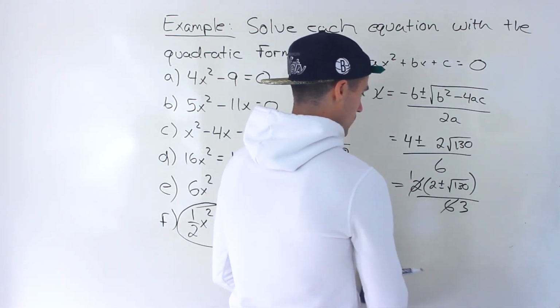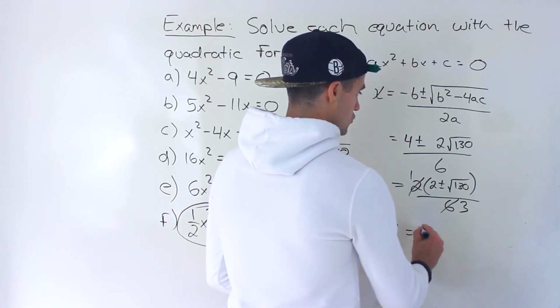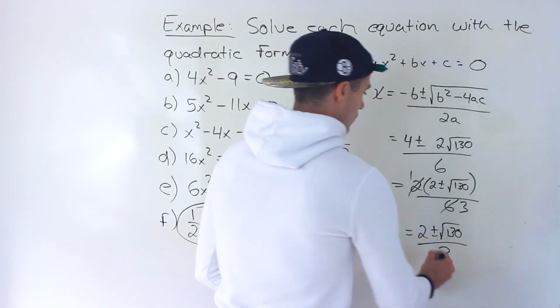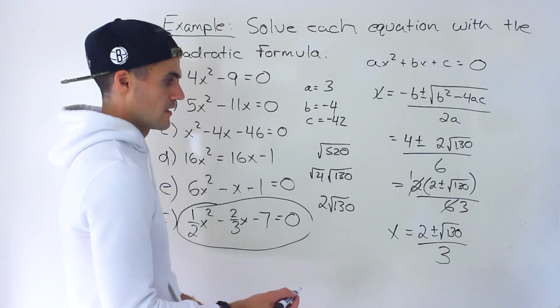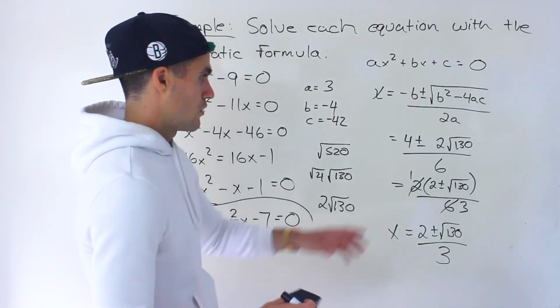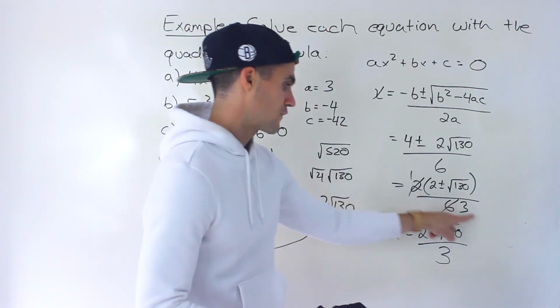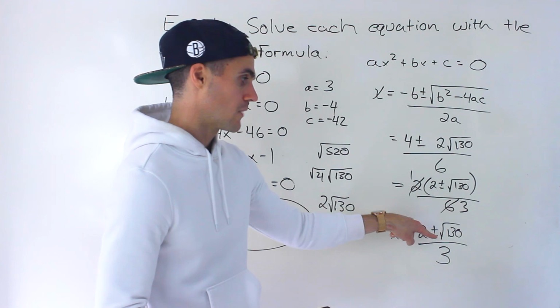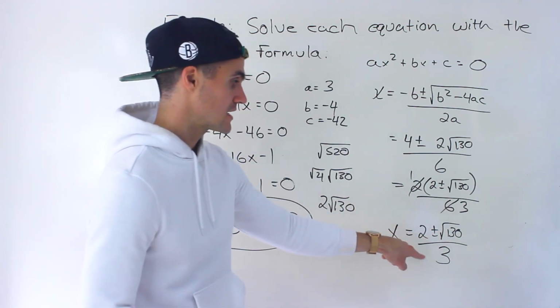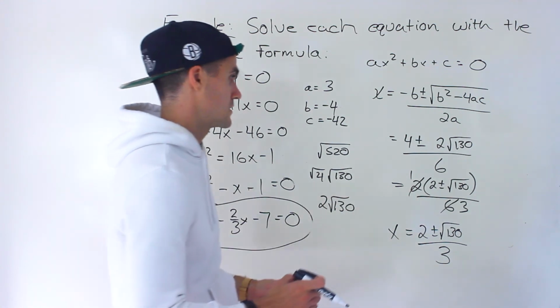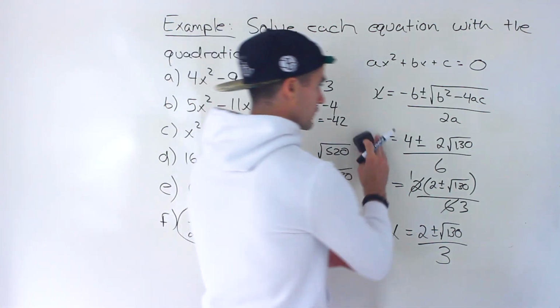So we end up with 2 plus or minus root 130. That's going to be over 3, like that. Right? So I erased it, actually, it was there before, but that first one that we had, 4 plus or minus root 520 over 6, and this, those are the exact same thing. The decimals would be the same, but again, this is more simplified here.